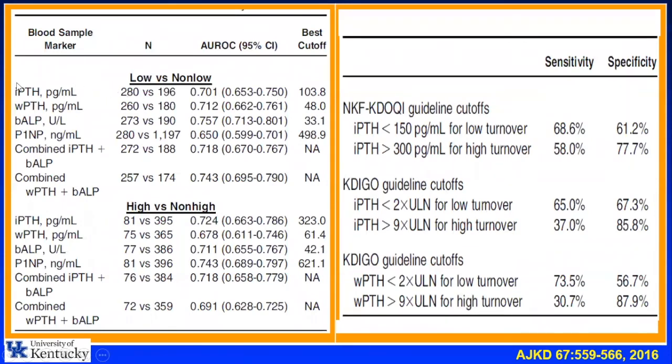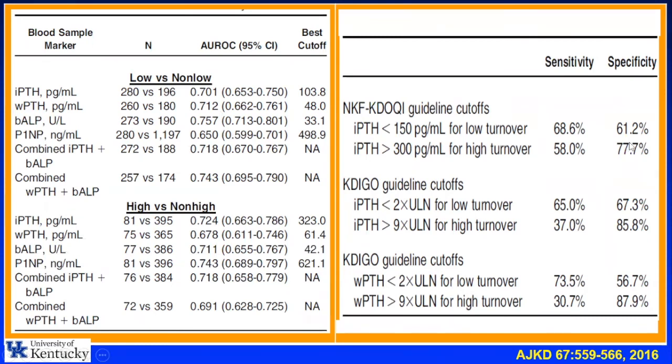The use of PTH along with bone-specific alkaline phosphatase or P1NP is important and augments the positive predictive value and the accuracy, sensitivity and specificity for bone turnover.